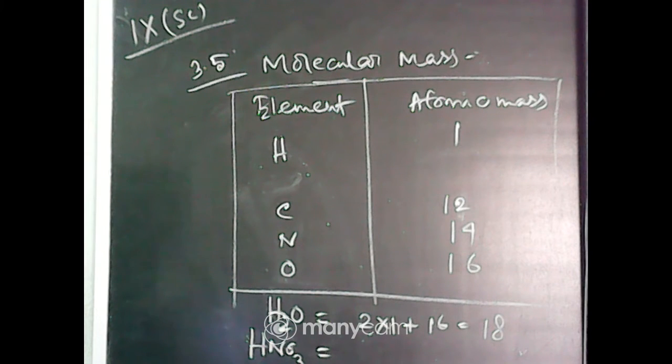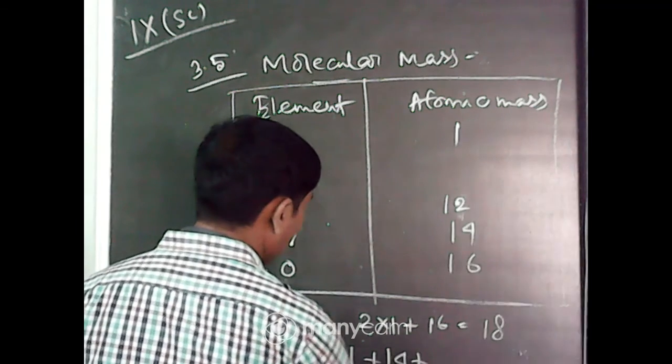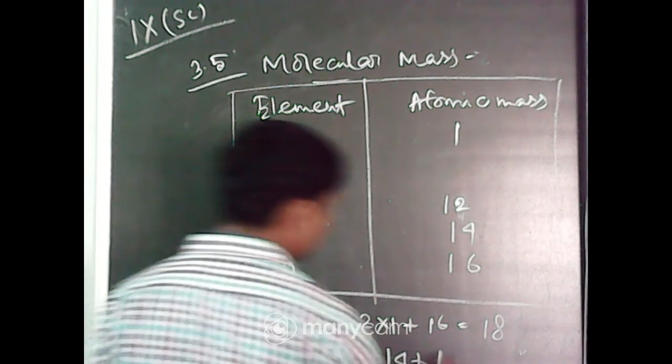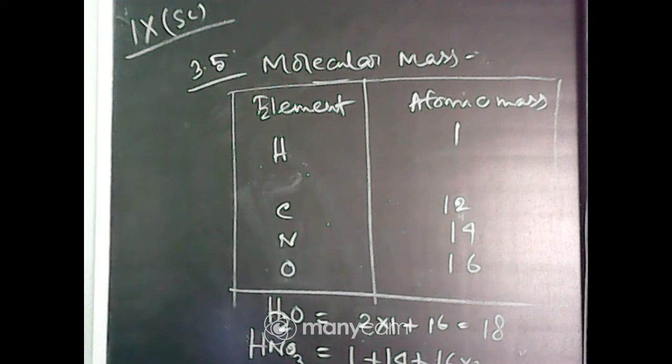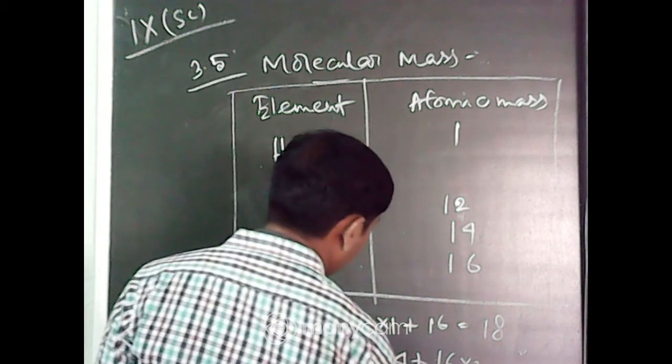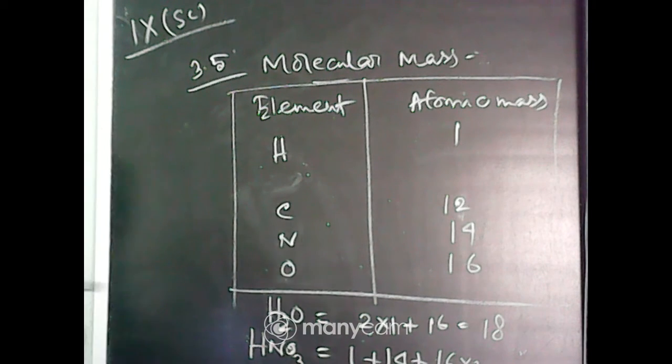Here 1 hydrogen is 1, nitrogen is 14, plus the number of oxygen atoms, that is 3, so 16 into 3. Now overall the molecular mass of nitric acid will be 1 plus 14 plus 48, that is 63. So this is how to calculate molecular mass.